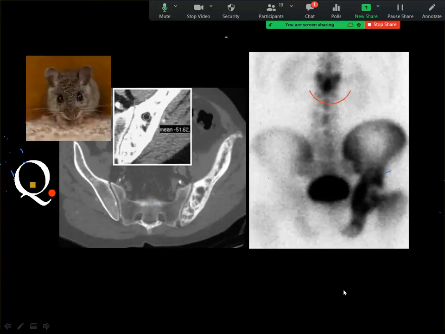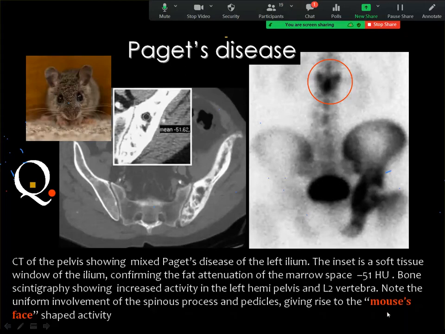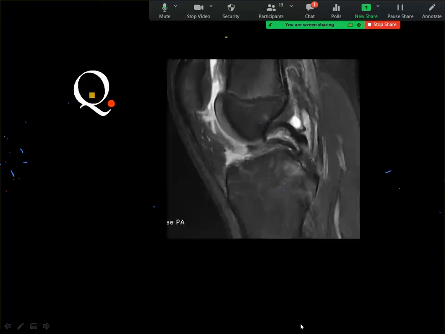One of the criteria mentioned in the literature is also the presence of the mouse face in the spine, because the vertebra is affected together with the pedicles, giving this characteristic appearance. Of course, you do not see this in every case, but you consider the enlargement of the bone and the heterogeneous texture of mixed sclerosis and osteolysis as diagnostic of Paget disease. Next case.